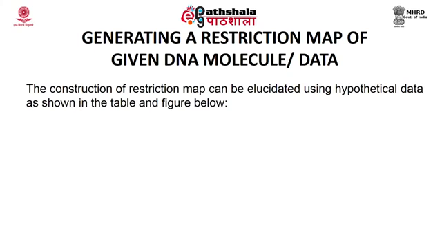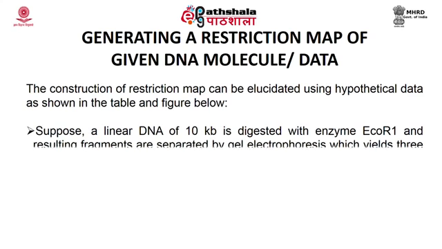The construction of a restriction map can be elucidated using hypothetical data as shown in the table and figure below. Suppose a linear DNA of 10 kilobase pairs is digested with enzyme EcoR1 and the resulting fragments are separated by gel electrophoresis, which yields 3 bands of 2, 3 and 5 kb.